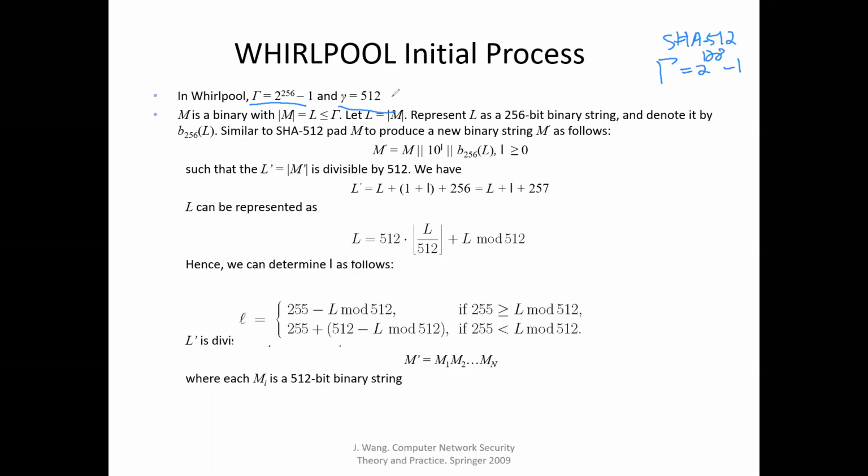So the padding is similar, just similar to SHA-512. You first write the length of M, that's capital L, into a 256 binary bit. Then you put it at the end.